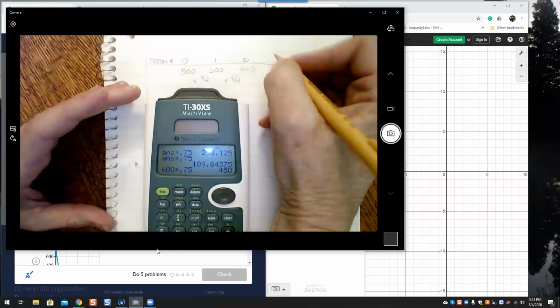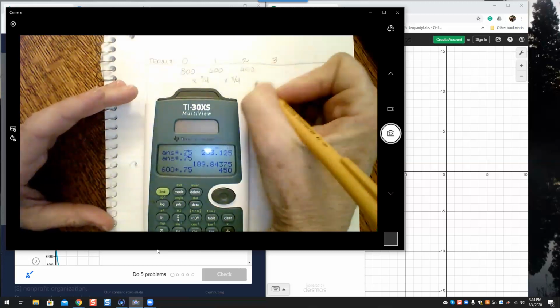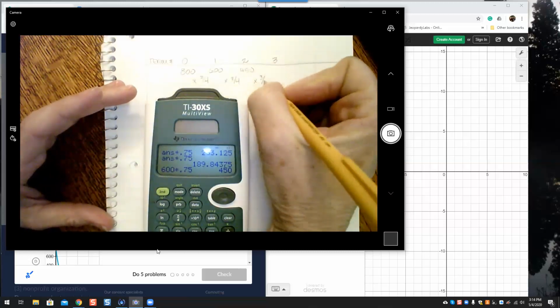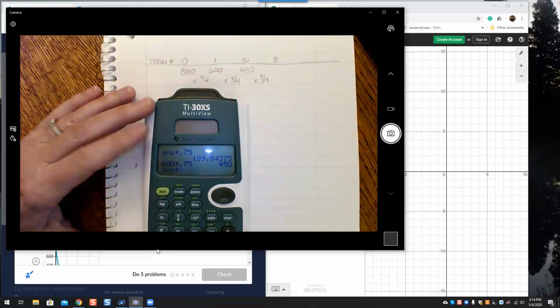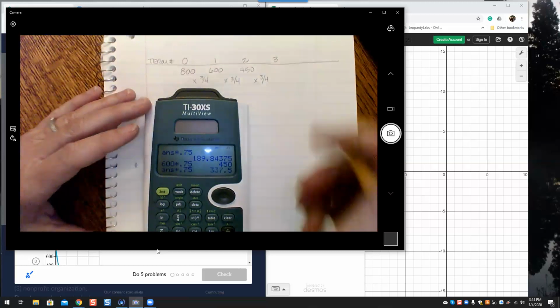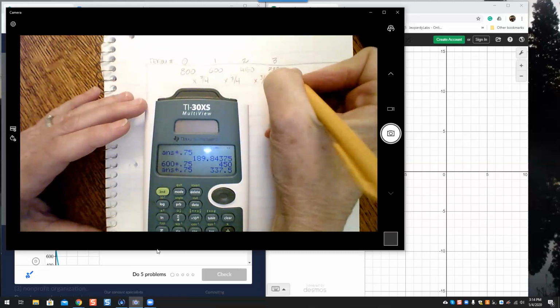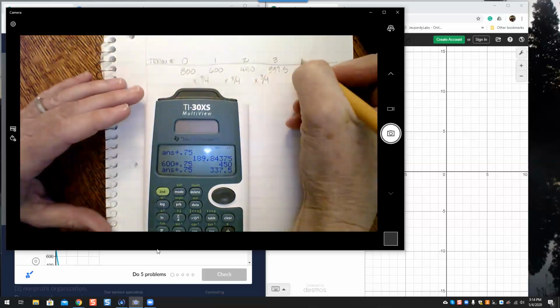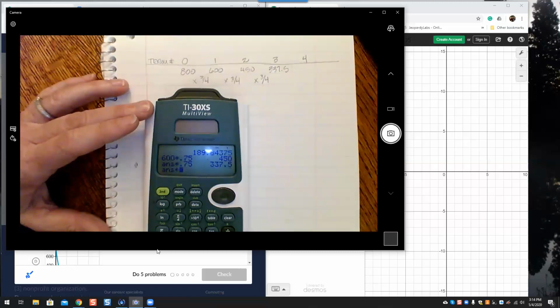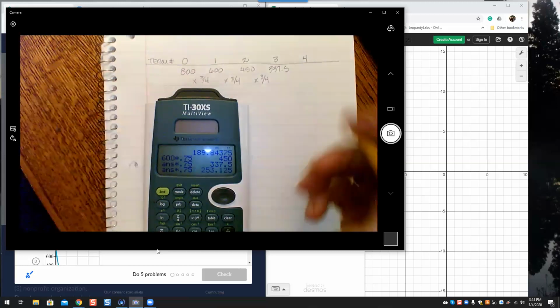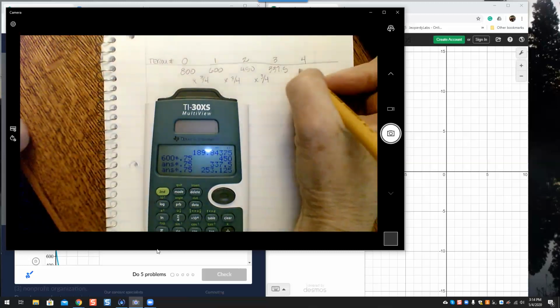And then the third year, we multiply 450 by 3/4, and we get 337. And then year 4 times 0.75 equals 253.